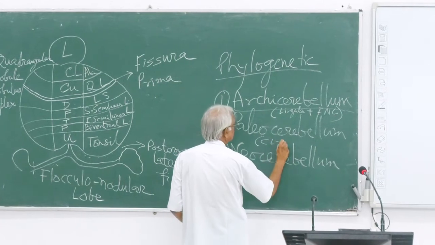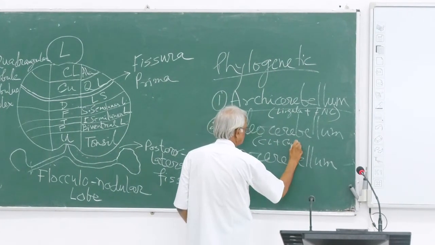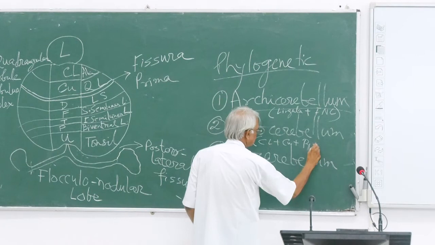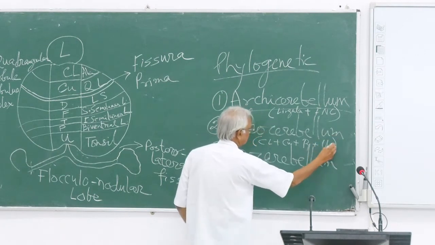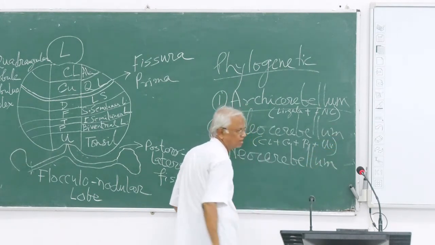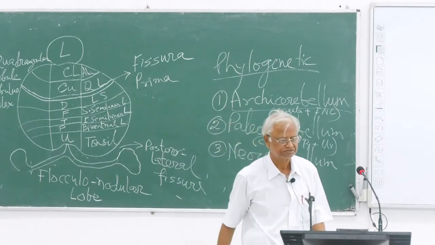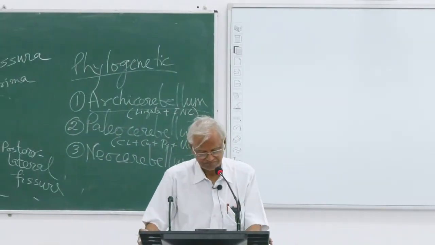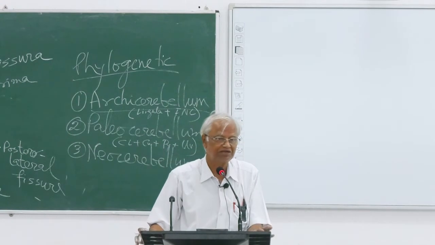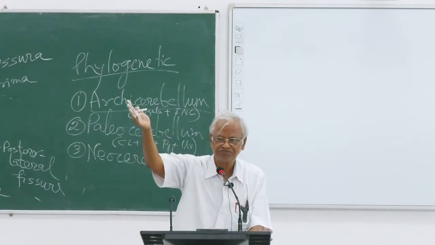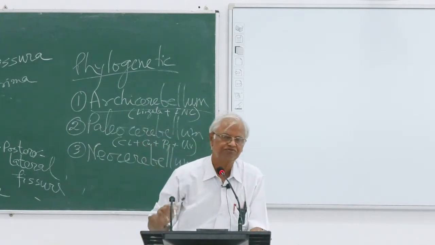Central lobule plus culmen plus pyramid plus uvula. Central lobule plus culmen from the anterior lobe, pyramid and uvula from the posterior lobe.